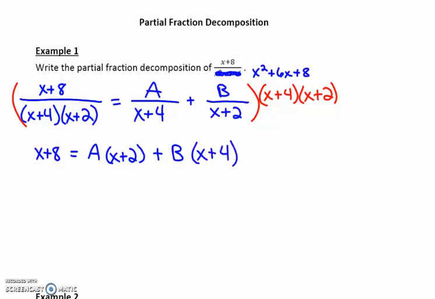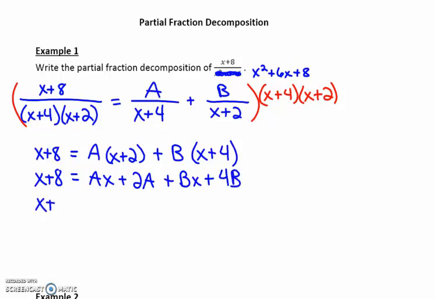Okay, so then we can distribute. So we have x plus 8 equals Ax plus 2A plus Bx plus 4B. And then we can do a little bit of rearranging to get our x's by itself. So Ax plus Bx, and then 2A plus 4B.